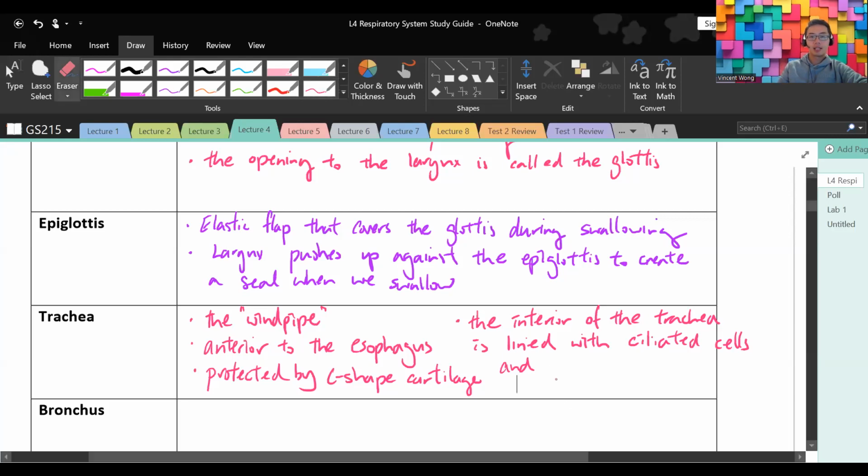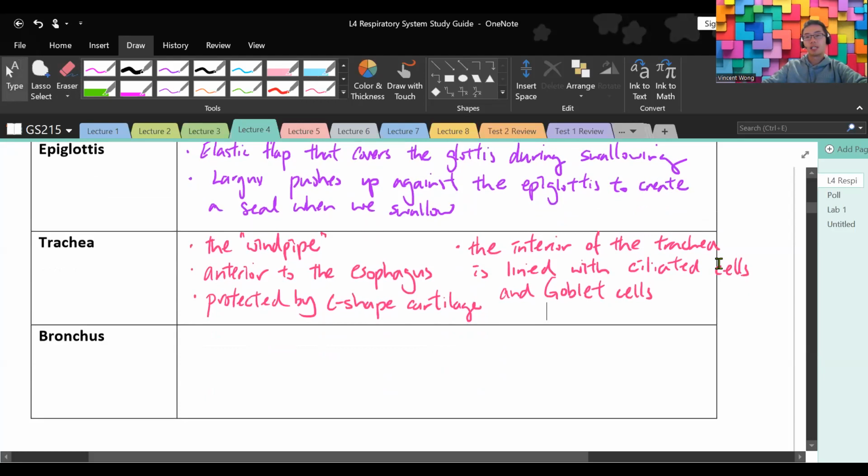Goblet cell. Thank you. That is the goblet cells. Okay, I think it's capital G. All right, so these are the two types of cells that you will find on the inside of the trachea. And obviously together, they help trap dust particles and some pathogens and sweep them out. It's part of your physical defense, right? Physical barrier.